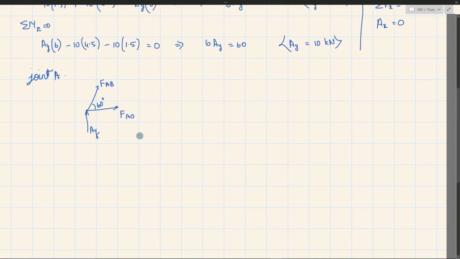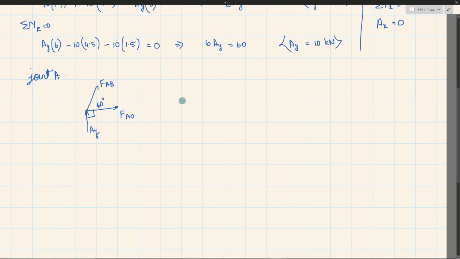So since I have three forces, I can apply Lami's theorem, right? According to Lami's theorem, this angle is 90 degree and this angle is 180 plus 30 degree, so this whole angle will be equal to 180 plus 30, that is 210 degree. To write Lami's theorem, I have to make some changes to this free body diagram, right?